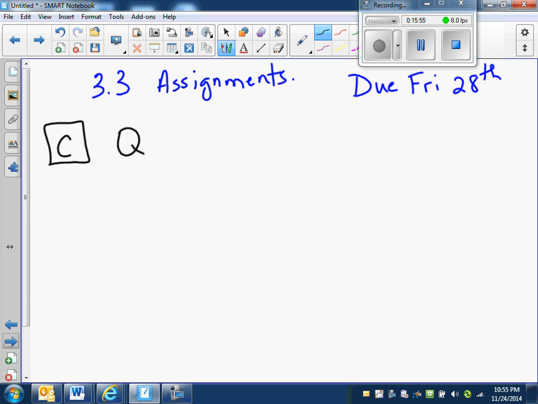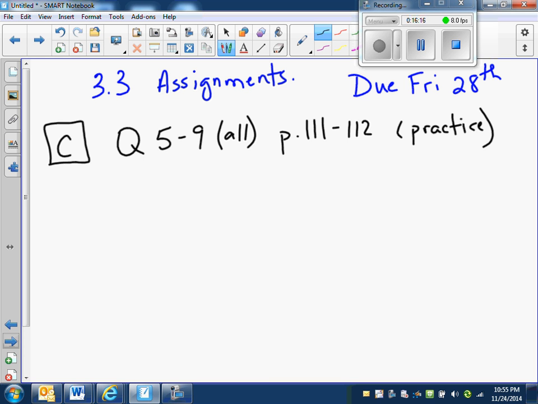So if you could do questions 5 through 9, and that's all the questions. There's A, B, C, D, and a few more on some of them. On page 111, and I think question 9 is on page 112, and those are just the skill type questions, just to practice.